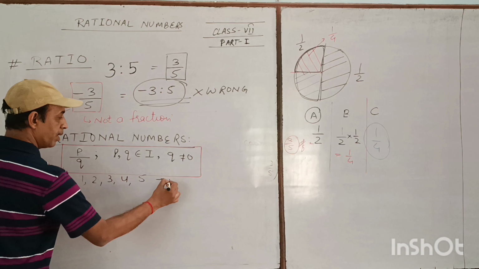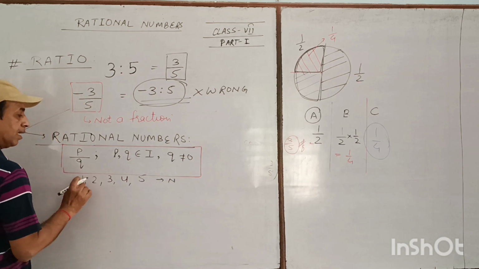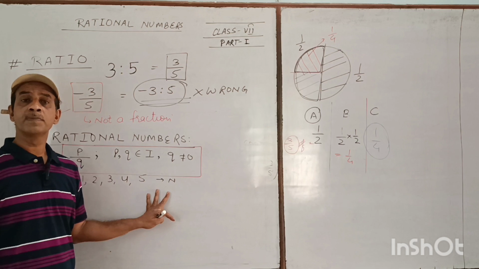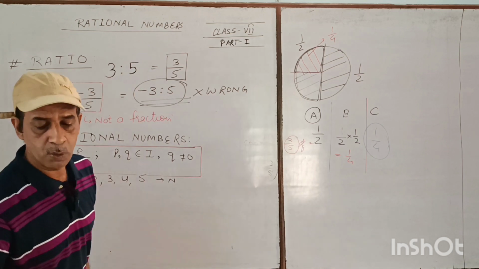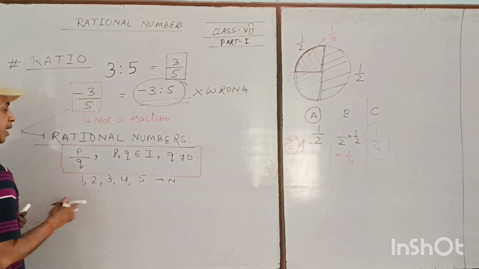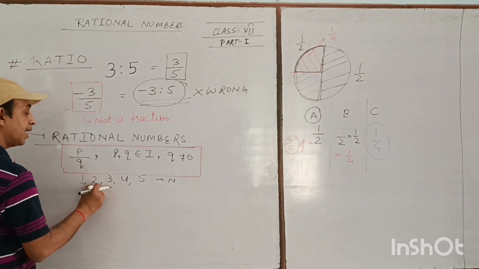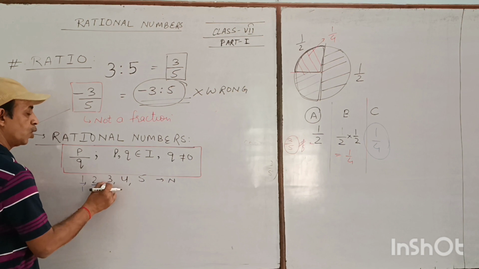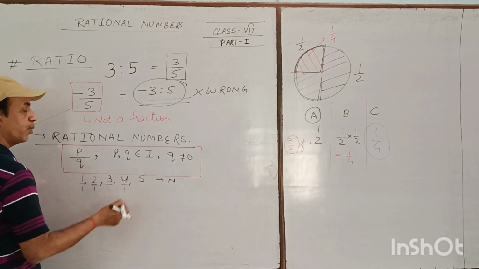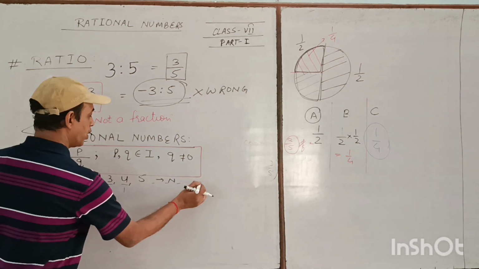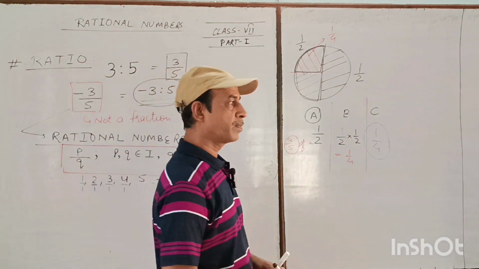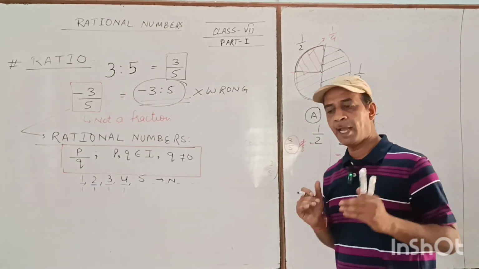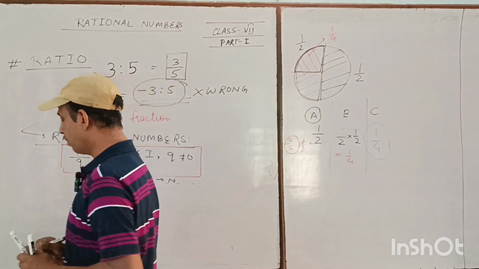These natural numbers can be expressed in the form of P upon Q, because nothing is written below, so we can write 1 as 1 upon 1, 2 as 2 upon 1, 3 as 3 upon 1, and so on. It will go on to infinity. That means every natural number is a rational number.